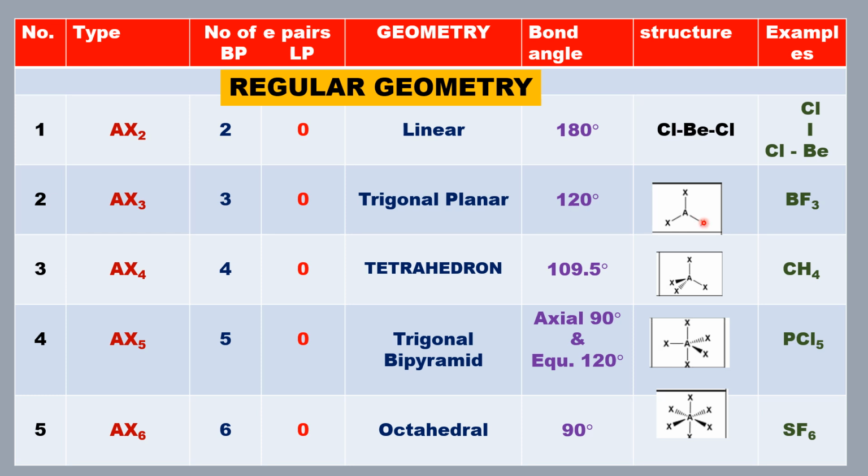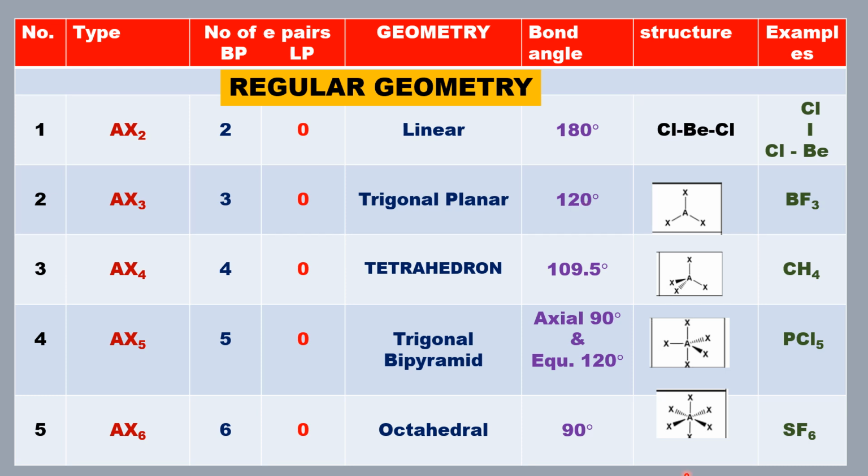It can be arranged in T-shaped or trigonal planar. In T-shaped, the 90 degree angle will be there, so bond pair repulsion will be higher. In trigonal planar the bond pairs are far away, so there is minimum repulsion. So this arrangement is more stable, trigonal planar, 120 degrees.